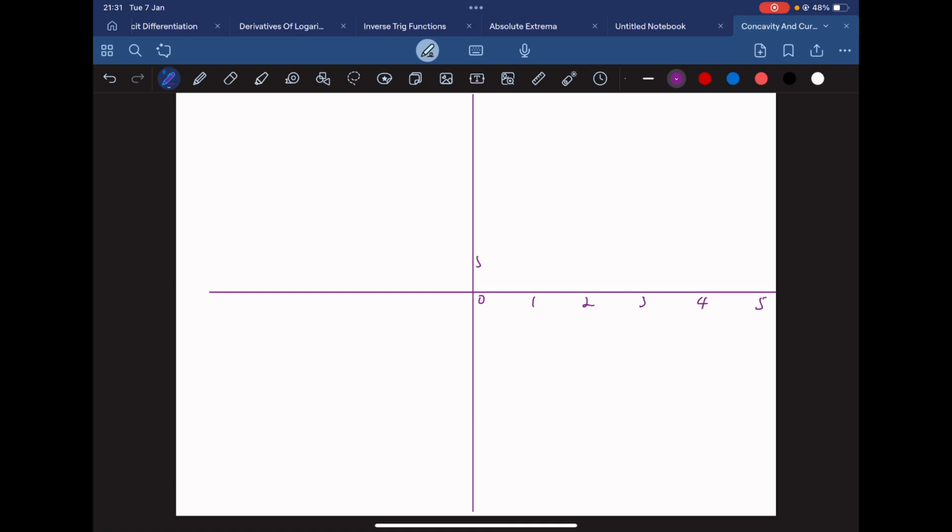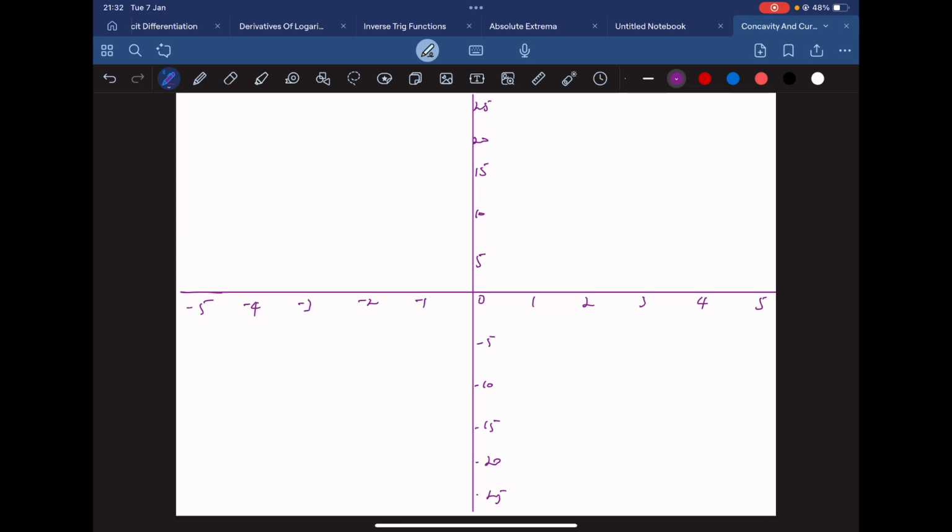Let's say we have 5, 10, 15. This is not drawn to scale. So -5, -10, -15, -20, -1, -2, -3, -4, and -5.